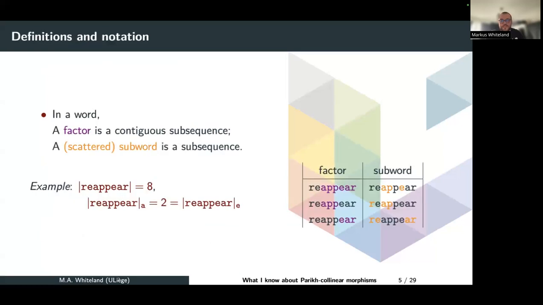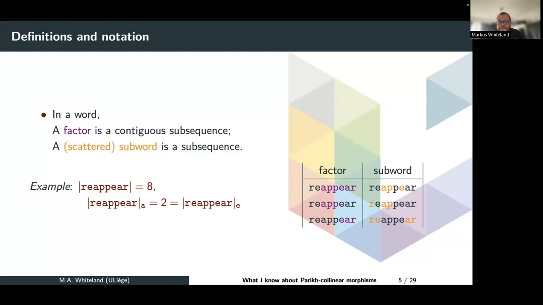Now, an important terminology observation is that in a word, a factor is a contiguous subsequence, while a subword or scattered subword is a subsequence. For example, take the word reappear. Its length is 8. The number of letter occurrences of a is 2, as is the number of letter occurrences of e.